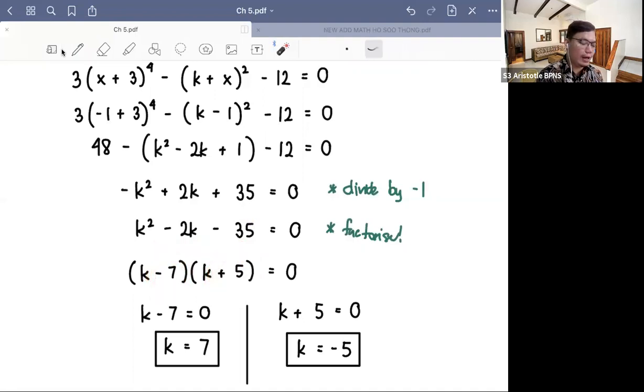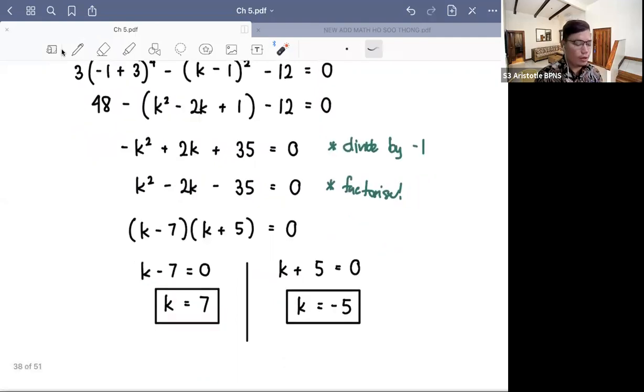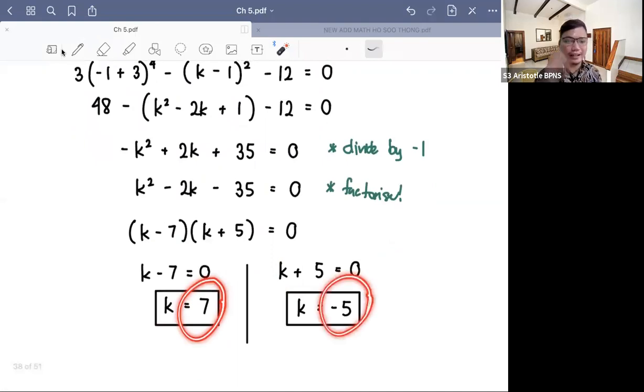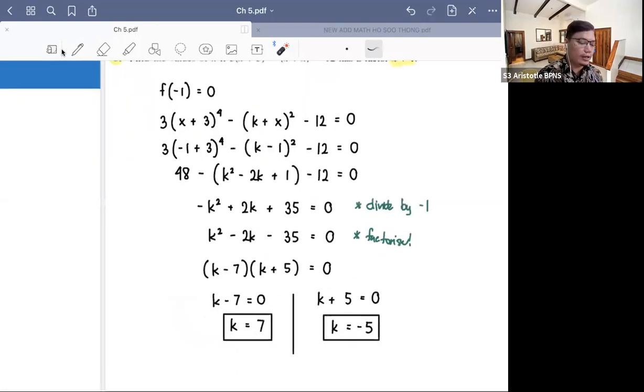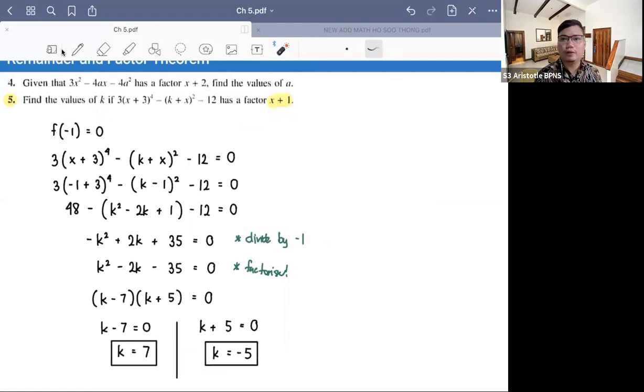That's why the factors of this expression are k minus 7 and k plus 5 equals 0. Again, solving for k, equate each factor to 0. So you have k minus 7 equals 0, and k plus 5 equals 0. Doing so, your k values are 7 and negative 5. So that's it for number 5. Do you guys have any questions for number 5? Any questions, class?